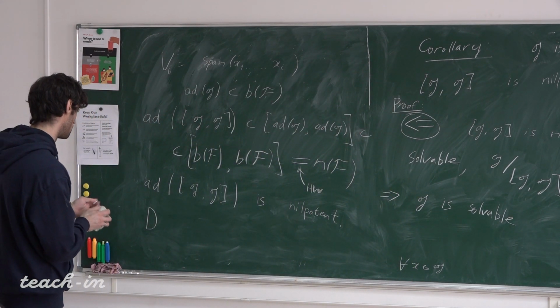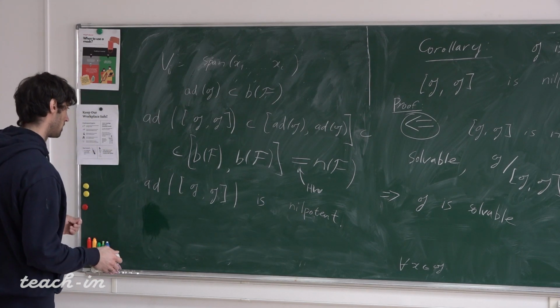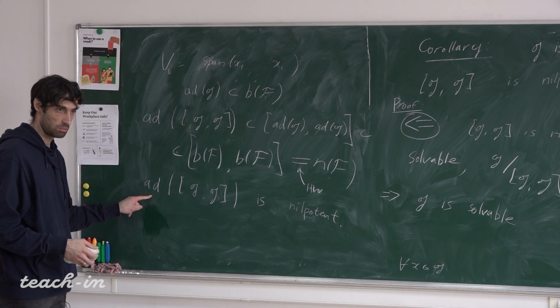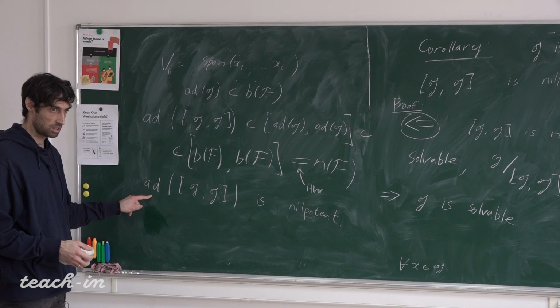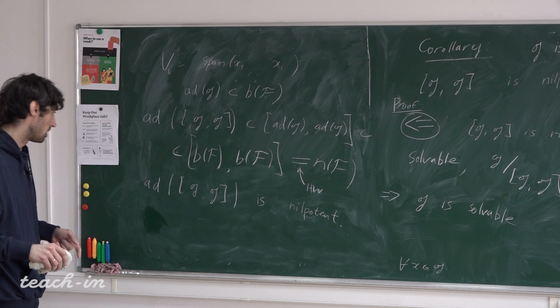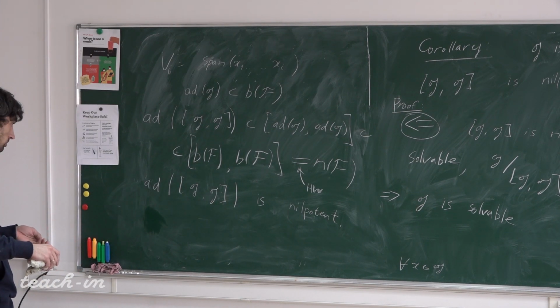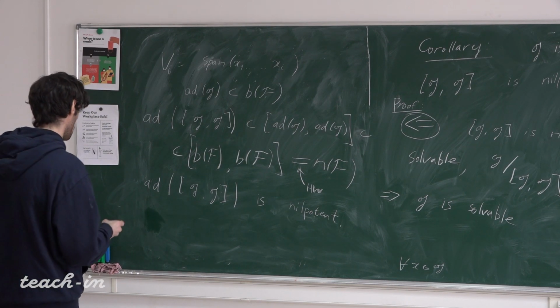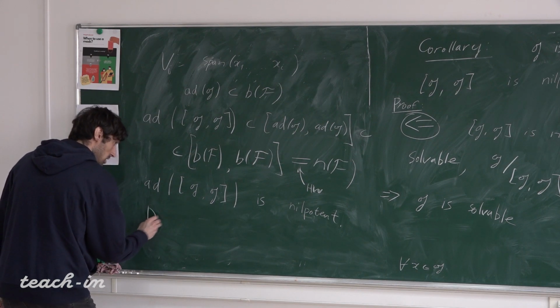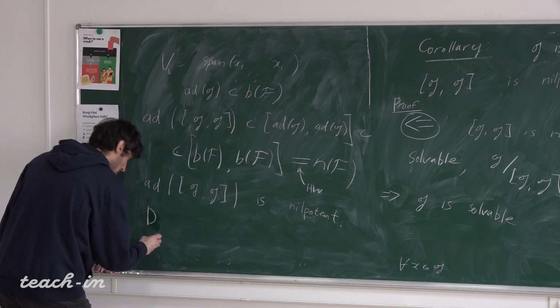We already get that the image of the adjoint map is nilpotent. So first of all, since this one is nilpotent, what does it mean?